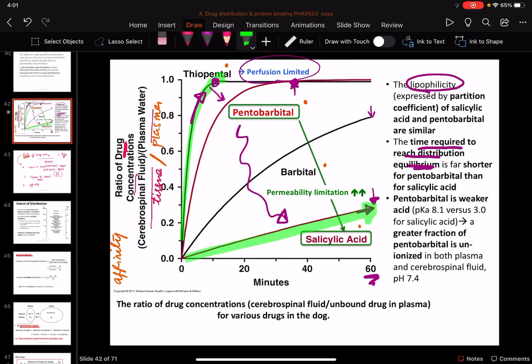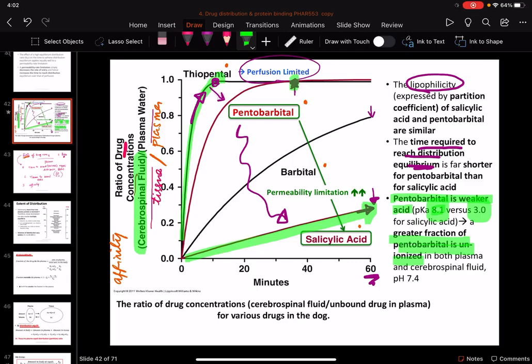When we compare the physicochemical properties of pentobarbital and salicylic acid, we find that the pKa of pentobarbital is higher than that of salicylic acid, which means we have a greater fraction of pentobarbital unionized. That makes it easier to permeate through the tissue at the tissue pH of 7.4, so the distribution equilibrium was reached faster.